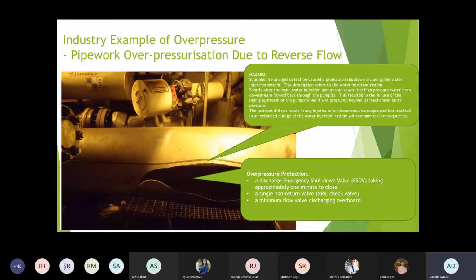So from this point of view, we had protection, but there is no relief protection in the lower pressure suction system.